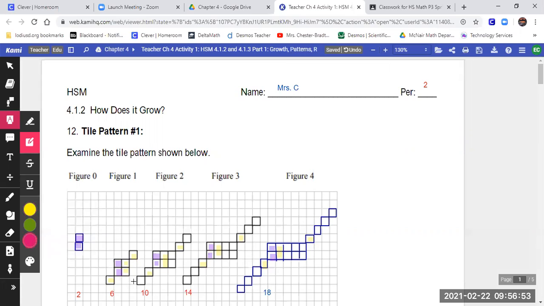Figure 3, I'll make red. It doesn't matter what your colors are, it's fine. They can be different than mine. Just the point is we're highlighting the next layer as we add it in on each of them.